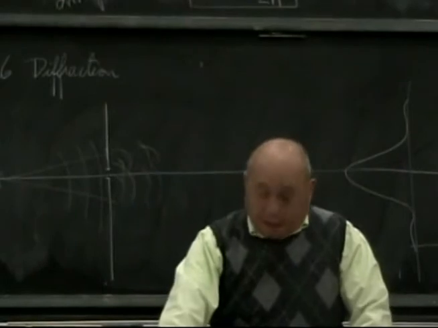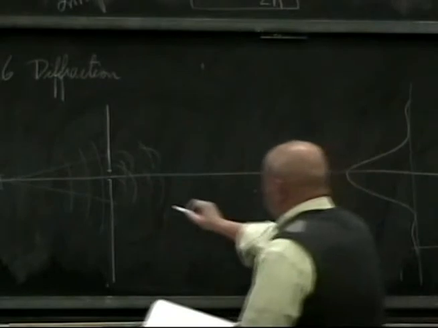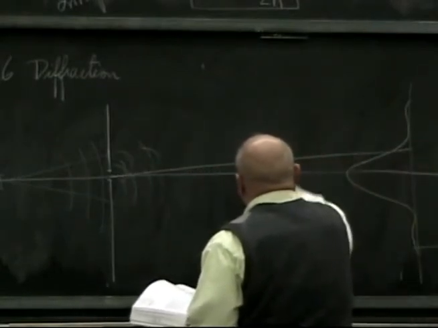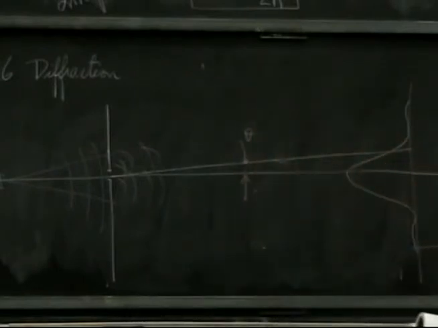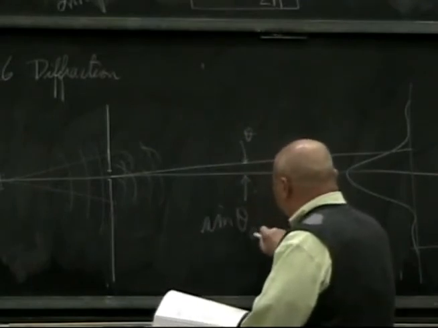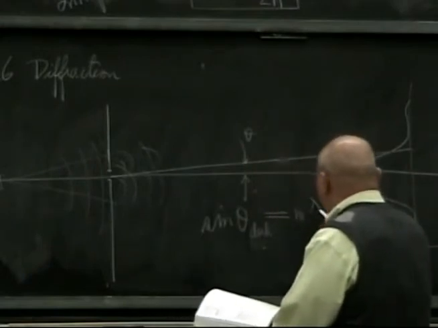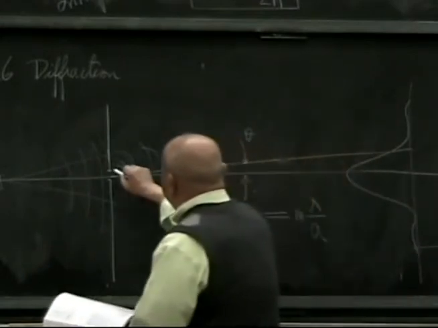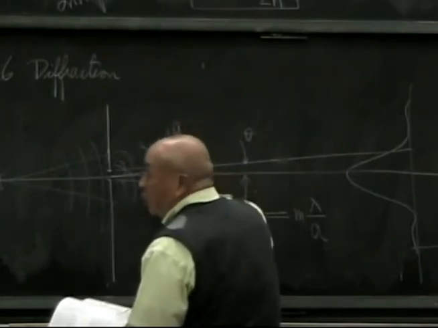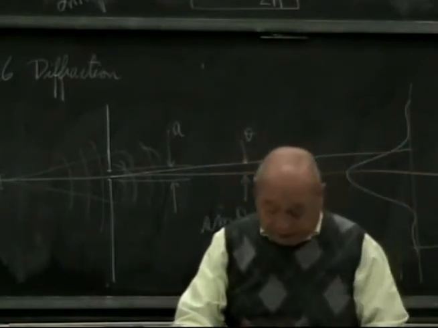If this angle is theta, then sine theta for the dark fringes is equal to mλ divided by a, where a is the opening of the slit. This is called the diffraction pattern.